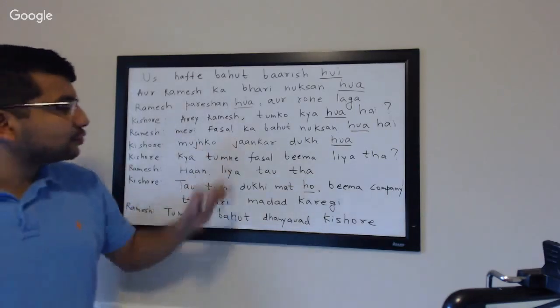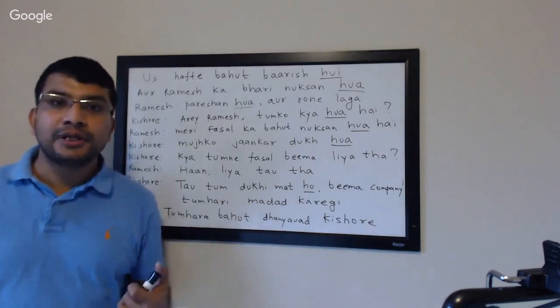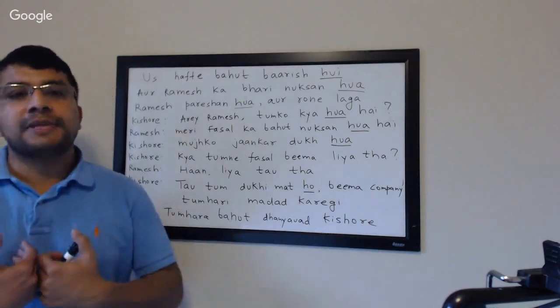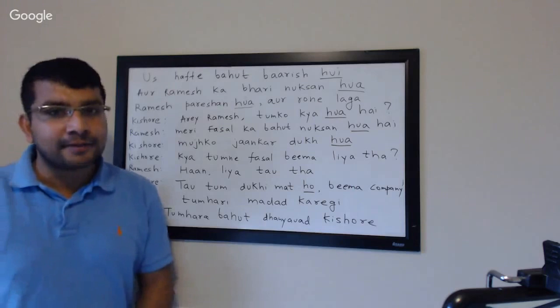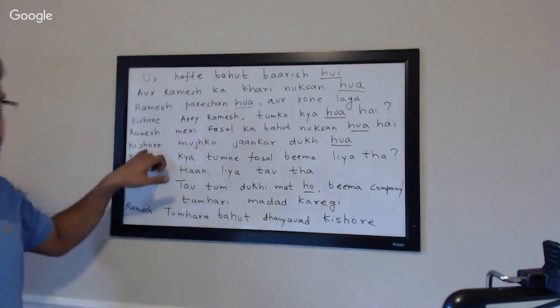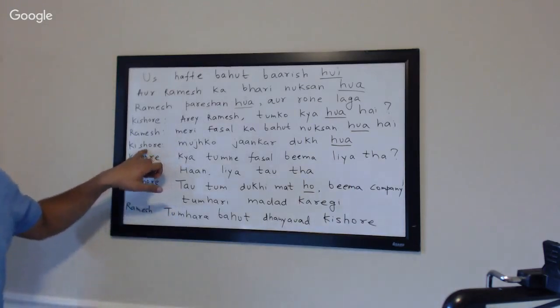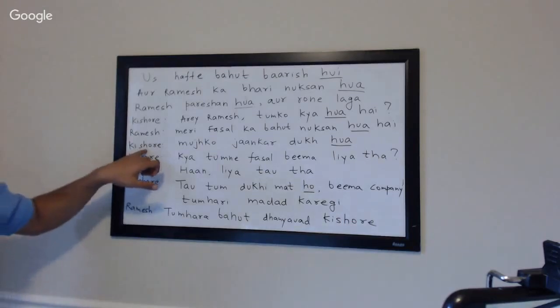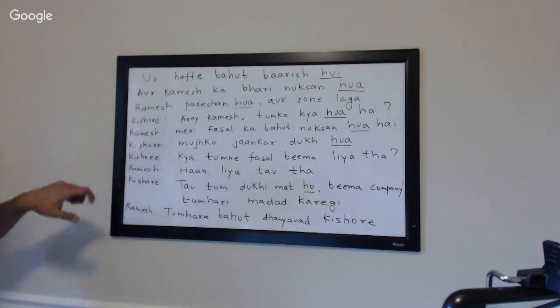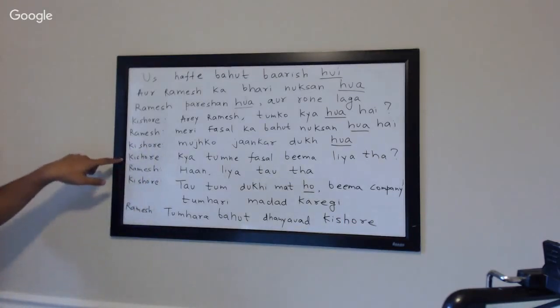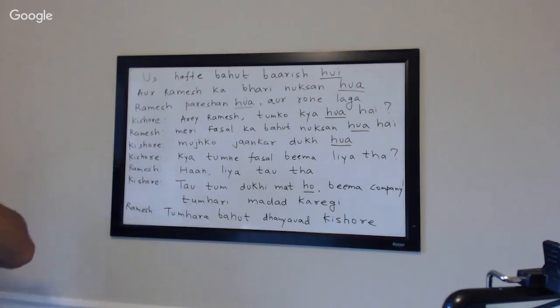Similarly, मुझको जानकर दुख हुआ: after knowing this, I became worried, or I'm worried for you. That's what he's trying to say. After knowing this, the sadness came to him.